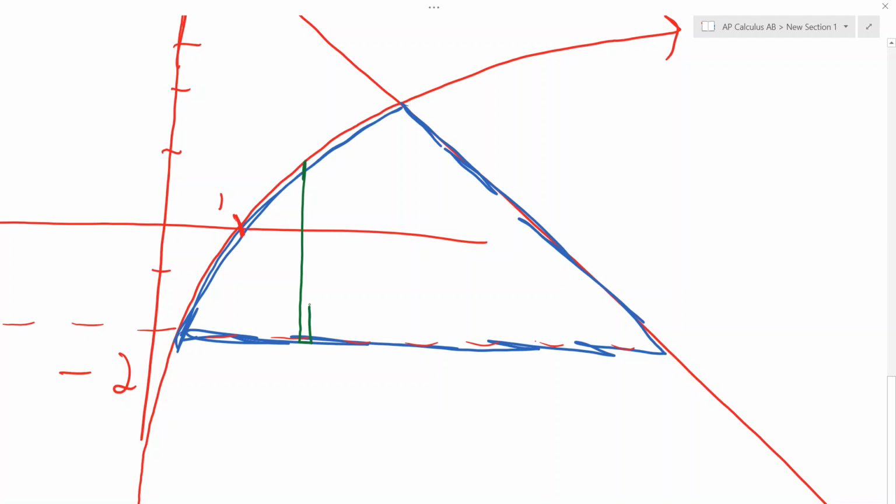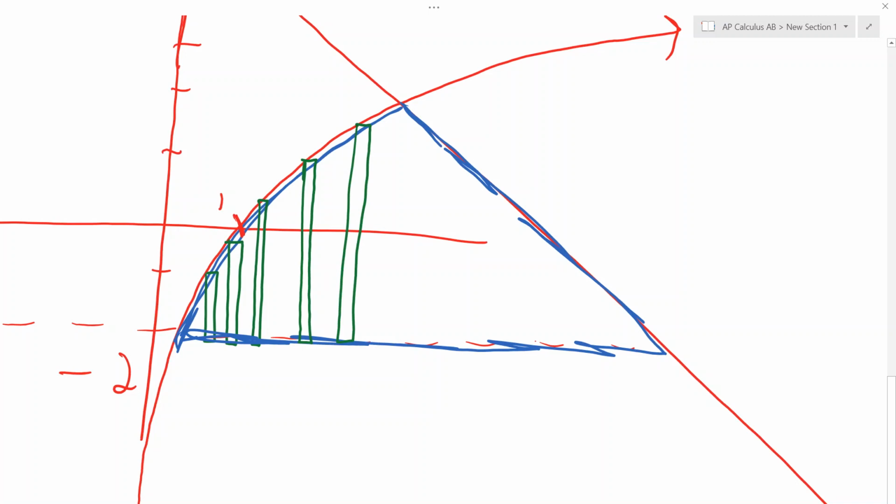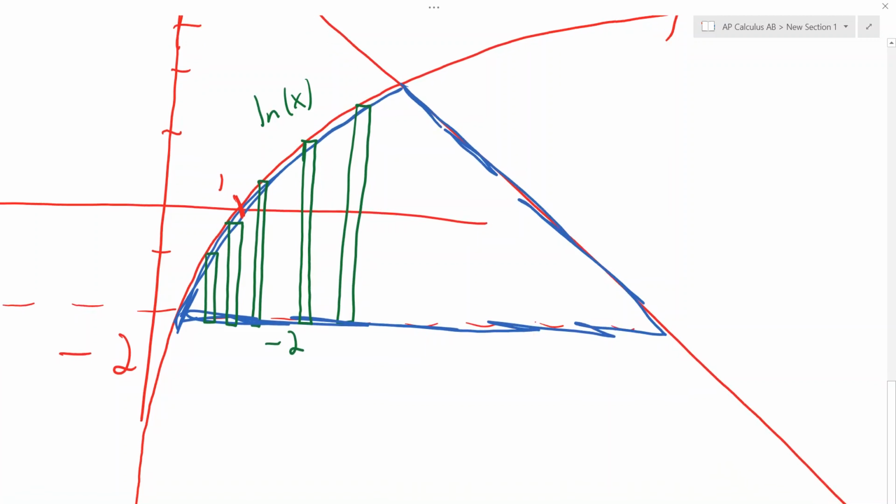Let's say we drew one right here. If I draw them all over here, what's the top of every single one of these rectangles? Ln of x. And what's the bottom? Negative 2. So the area of those rectangles is ln of x minus negative 2 times dx. And I need to integrate them from where I start to where I stop.